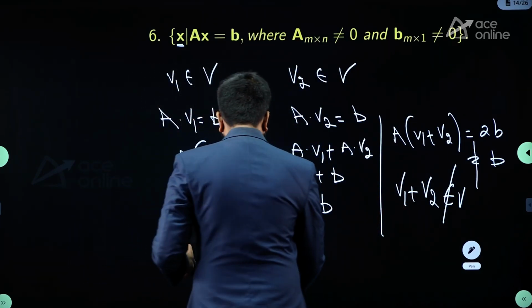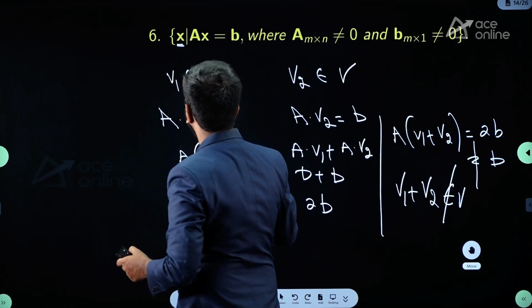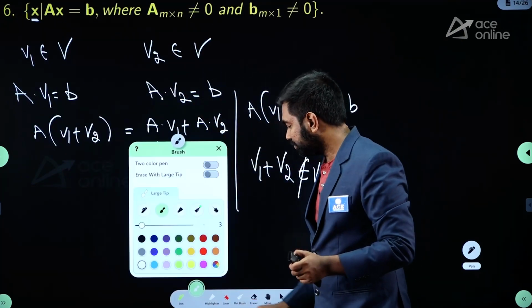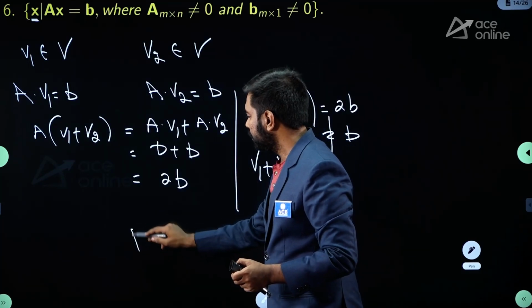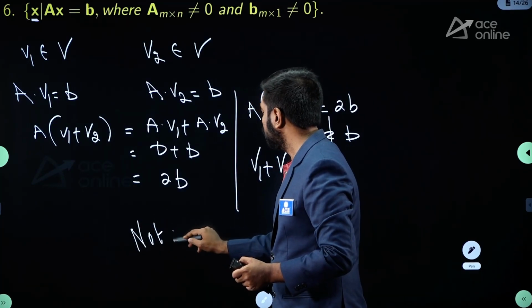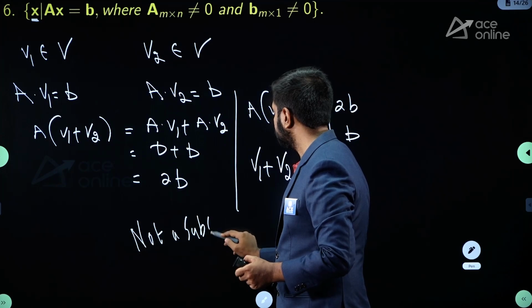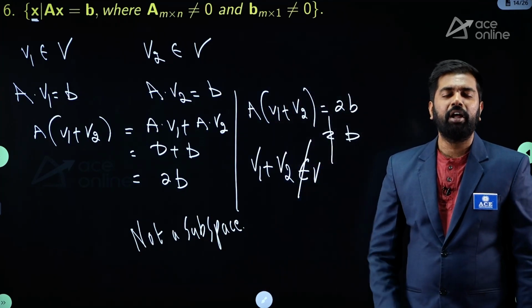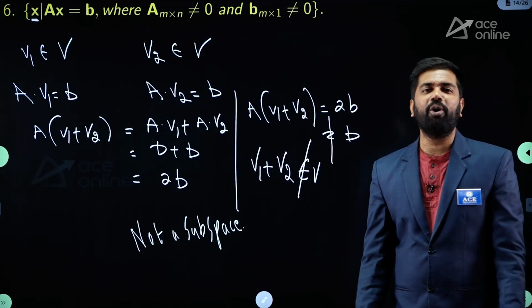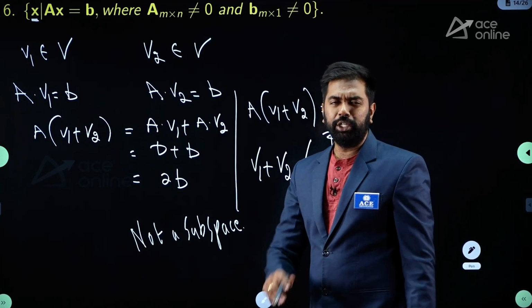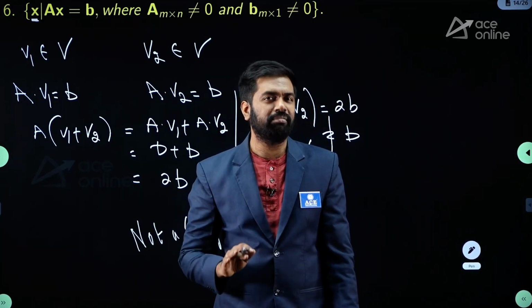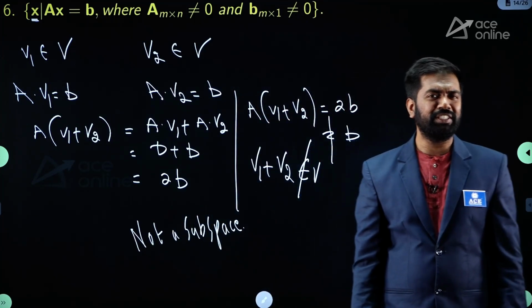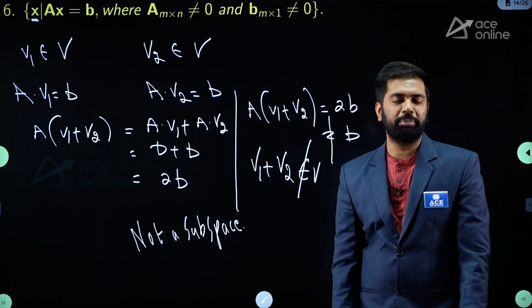So, not a subspace. Students, now what you need to learn is the moment you see a non-homogeneous system, let me first write this: not a subspace. What did I say? The moment you see a non-homogeneous system, you can blindly decide that the set of all solutions belonging to a non-homogeneous system will not form a subspace.